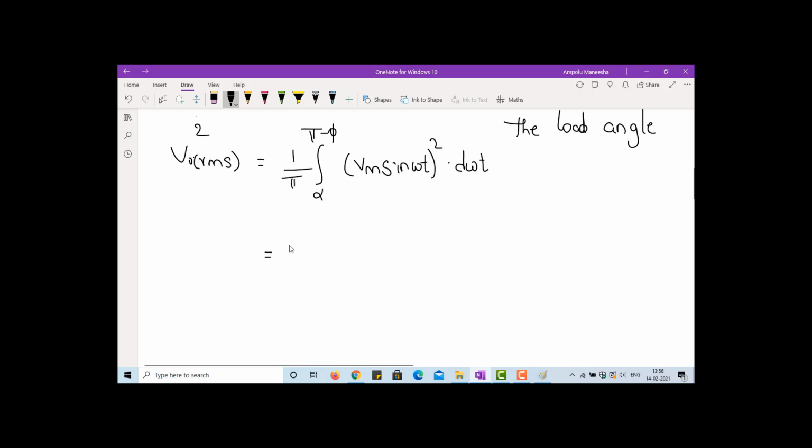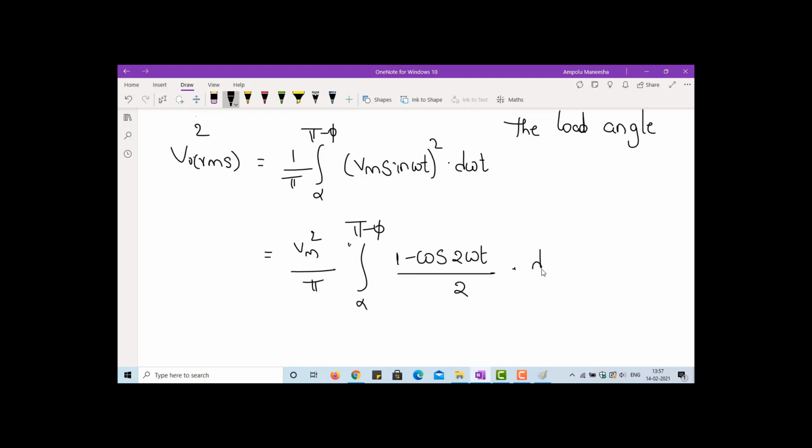So Vm square is common, so we will take it out, by pi integral alpha to pi minus phi of sin square omega t, which we can write as (1 minus cos 2 omega t) by 2 into d omega t.